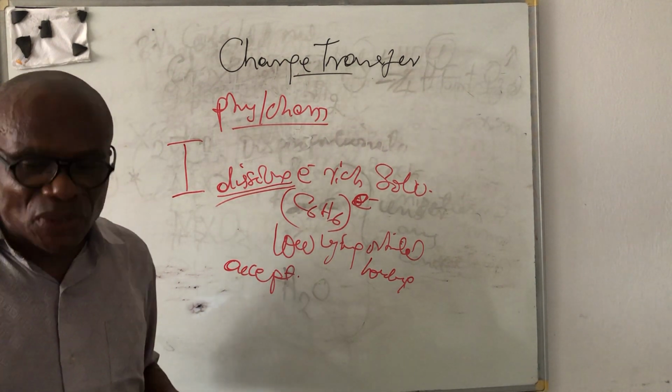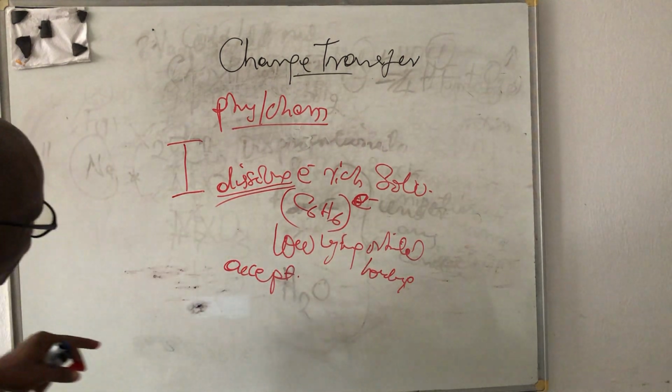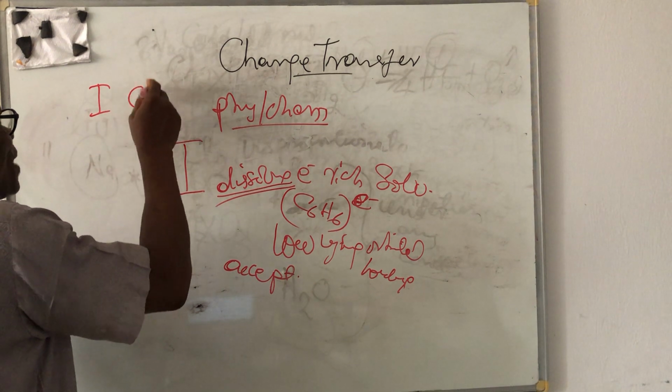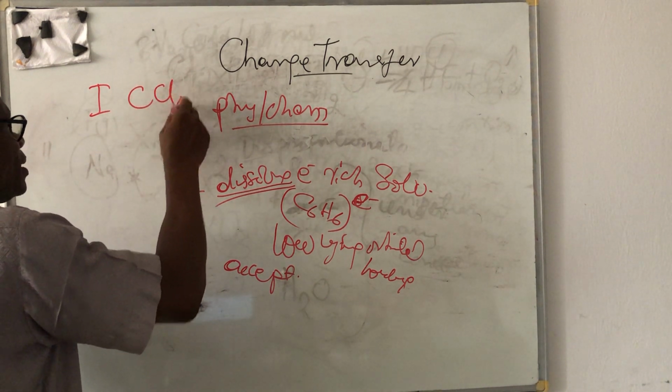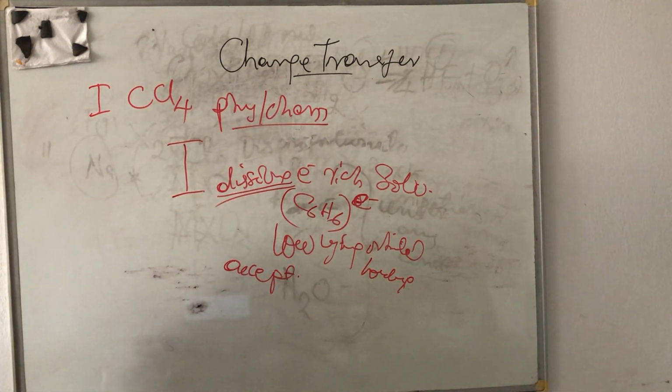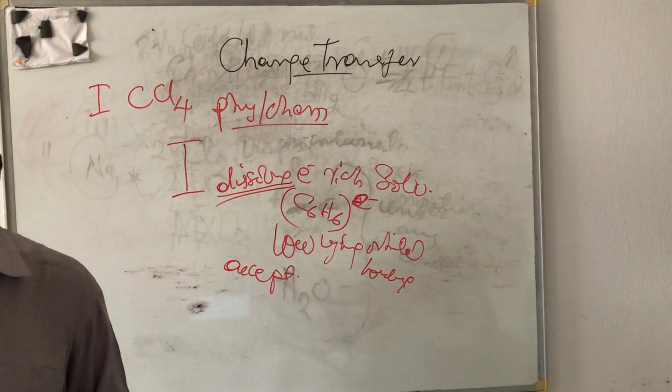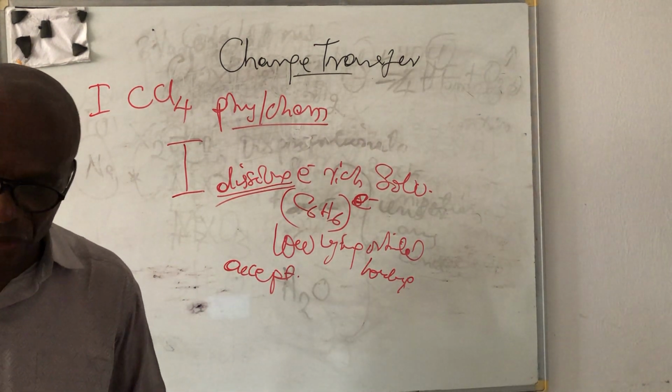You will observe that if this same iodine is dissolved in carbon tetrachloride, there shall be no observed color variation.